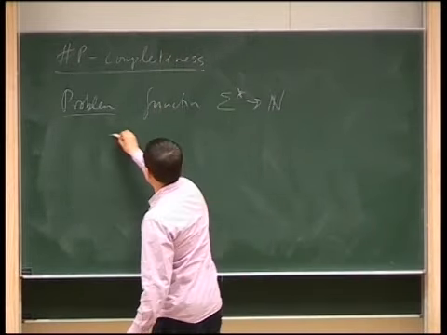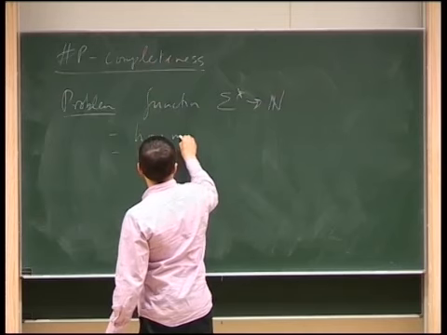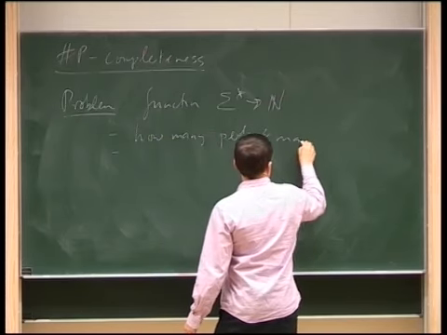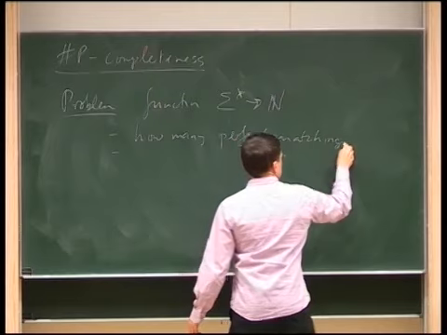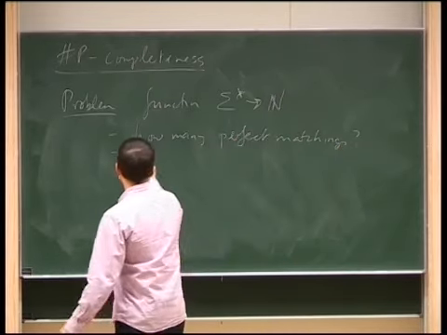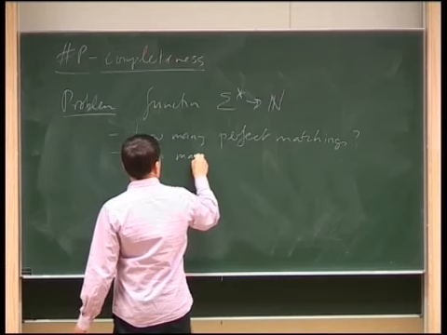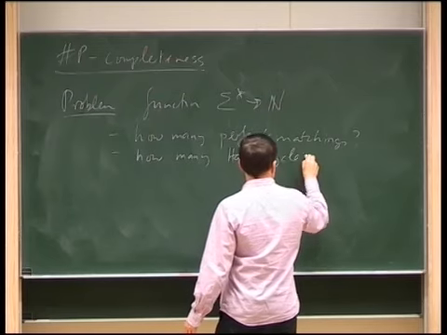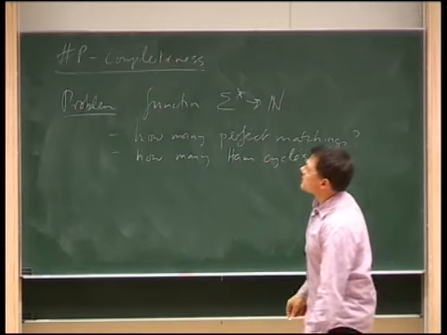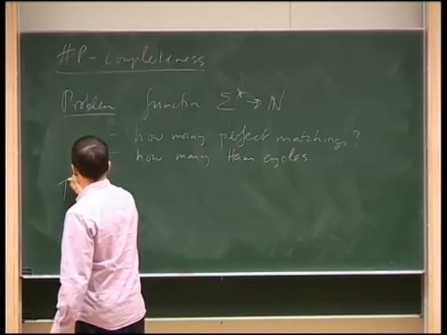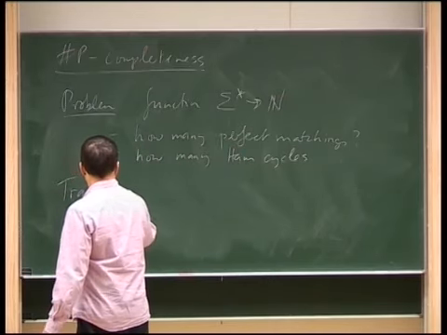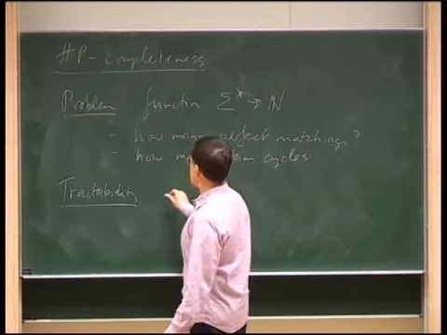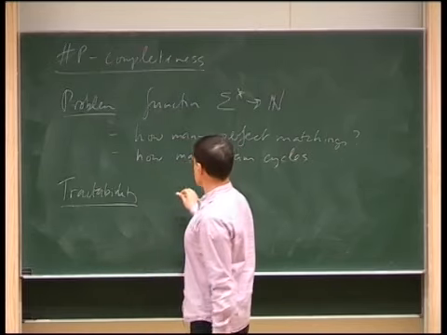So, of course, we're talking about how many perfect matchings, and how many Hamilton cycles. Tractability is pretty much the same. So again, the notion of tractable will be polynomial time.